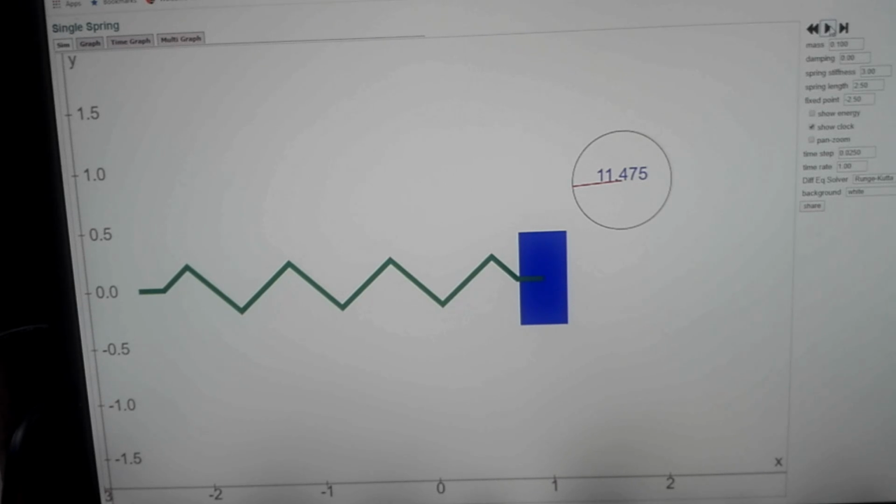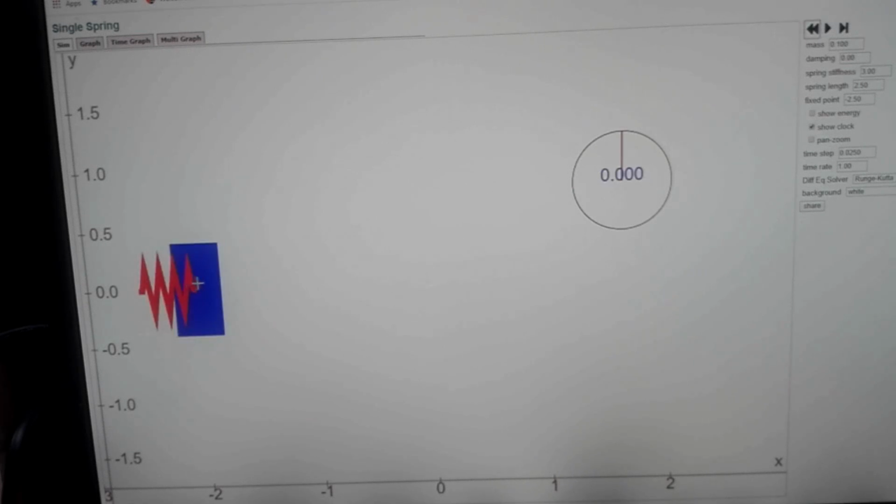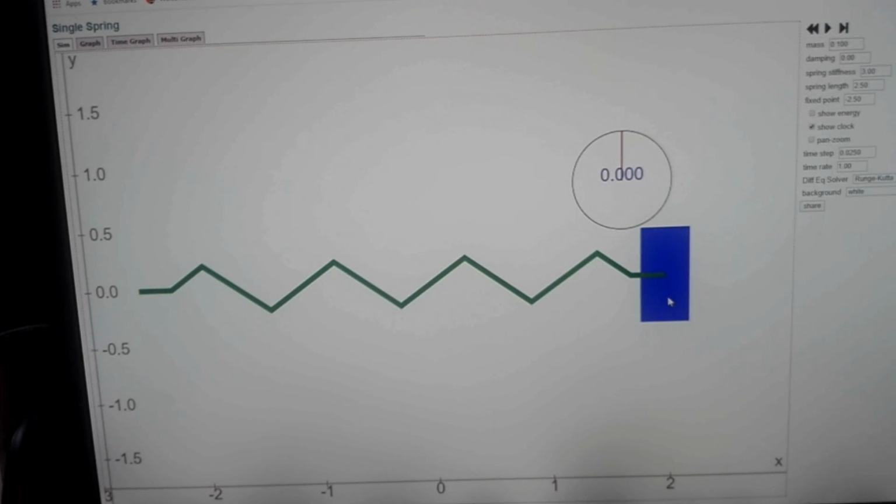So here the period of oscillation is 11.475 seconds when the amplitude was 1 centimeter. Now I will drag it up to 2 and then we will count again.